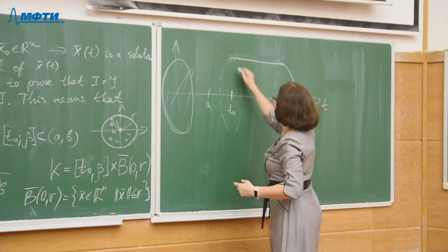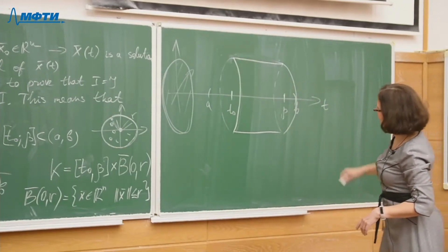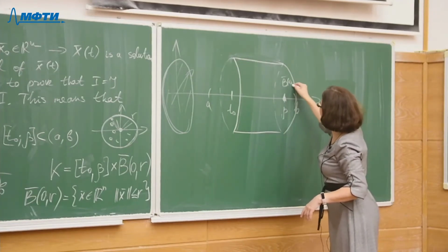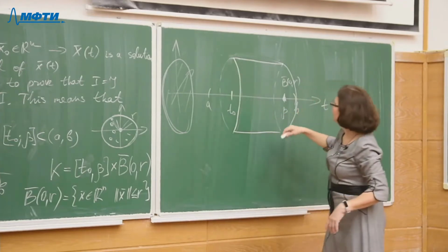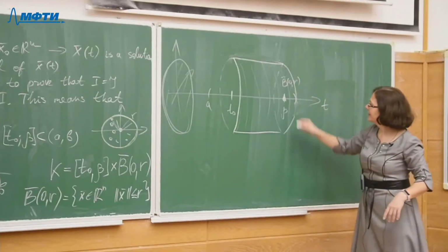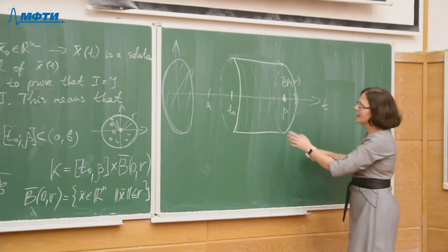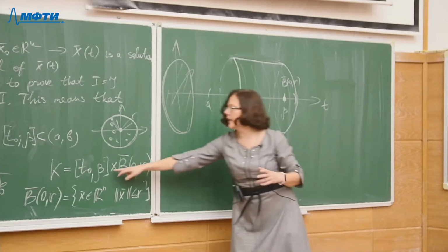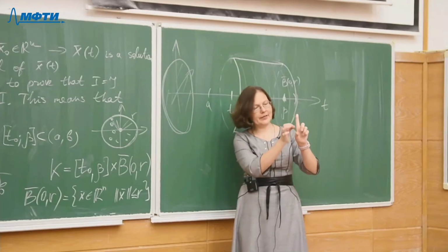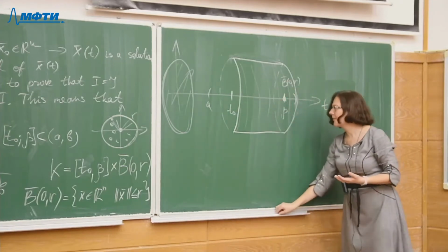This is the cylinder. Okay. Is it clear? So this is the center. This is the ball of radius r, and this is the same, right? And this is our compact set. So the segment multiplied directly by the disk will give us the cylinder. So this is the cylinder, right?